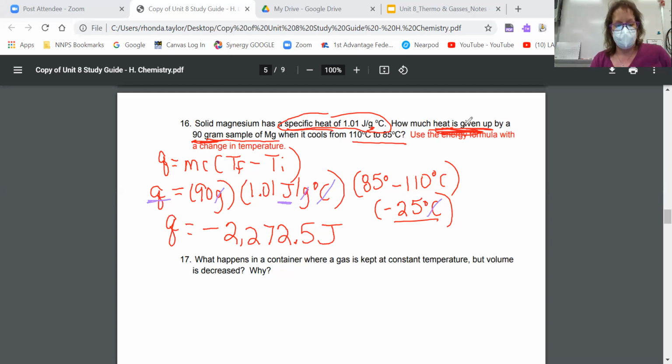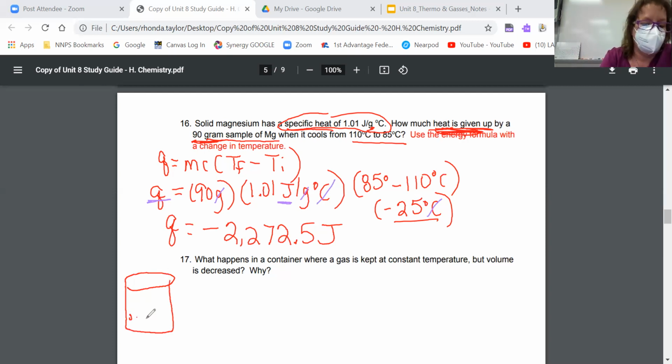All right, number 17, what happens in a container where gas is kept at a constant temperature, but the volume is decreased? Now remember, this is like that picture when we had the container and we had the gas molecules, and then there was like this little piston thing, or compressor, whatever you want to call it, that is pushed down.